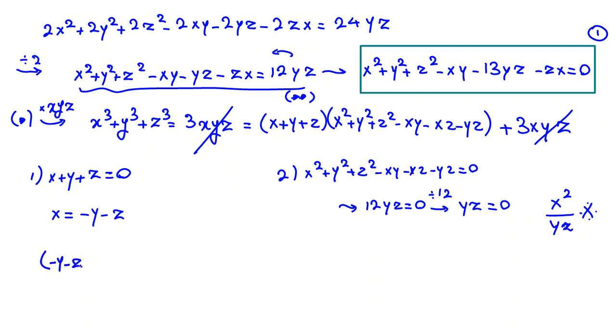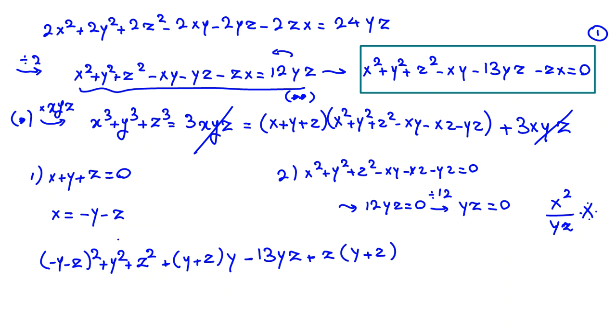So (negative y minus z) whole squared plus y squared plus z squared minus x, so it will be plus y plus z, times y minus 13yz minus zx. It will be plus z there times x. Negative x will be y plus z.